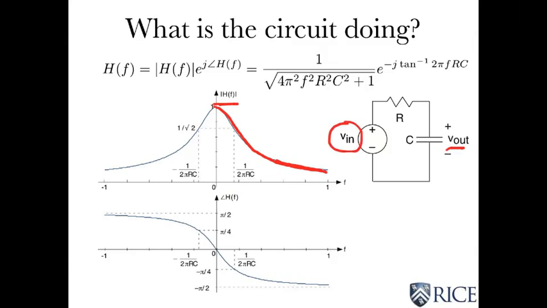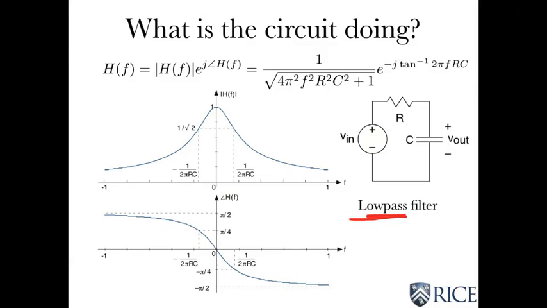And as I change the frequency of that input, the output, just because of the action of the circuit, is going to get smaller and smaller and smaller. That's what we call a low-pass filter. And I'm going to give you the reason for the word filter here in just a second. But low pass, I think, is pretty straightforward.